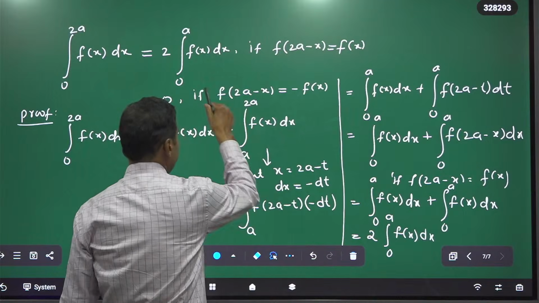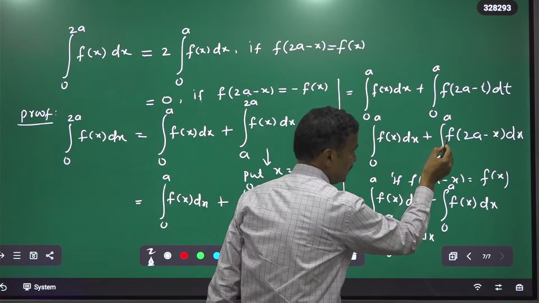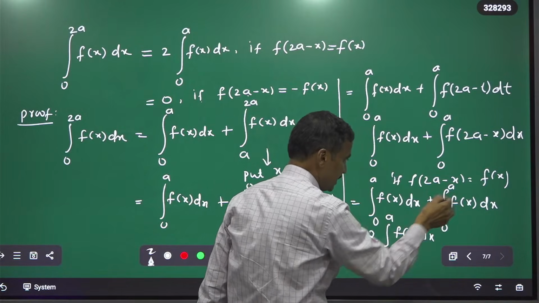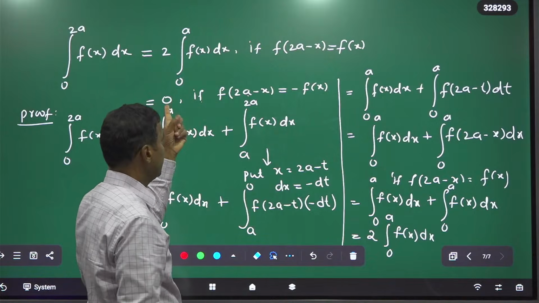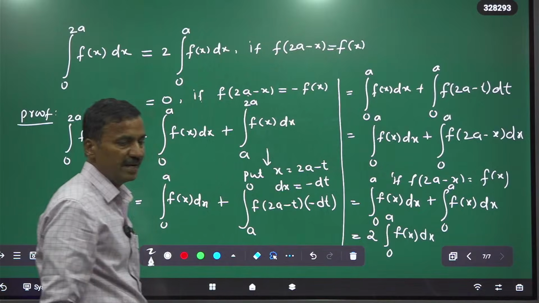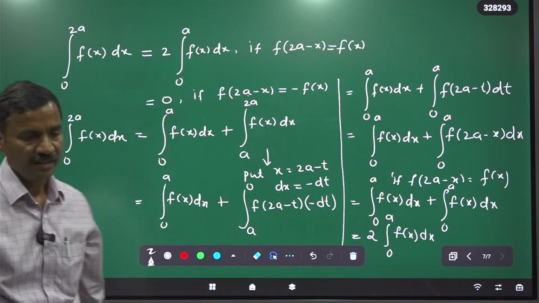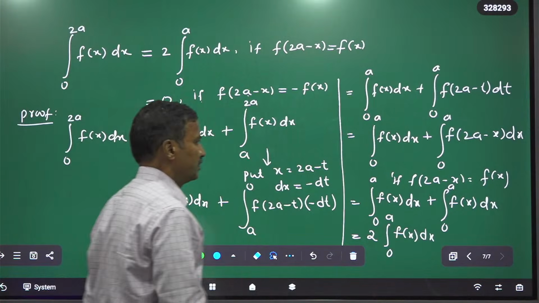Similarly, now if f of 2a minus x is equal to minus f of x, if you write minus f of x in this place, then they get cancelled, so that we get it as 0. It is equal to 0 if f of 2a minus x is equal to minus f of x. This is also one of the important properties, like this we can prove here.